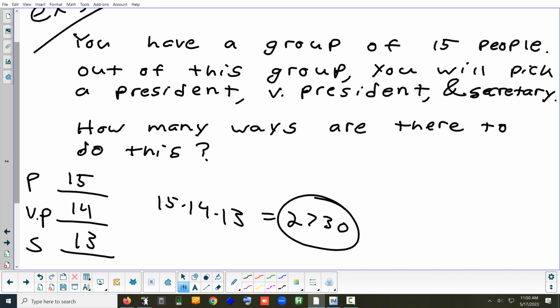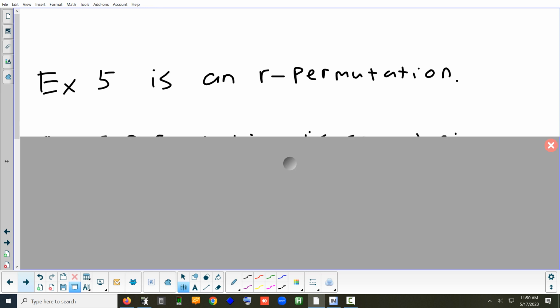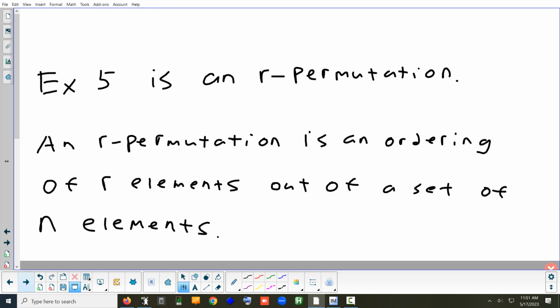So that's a permutation of 15 items chosen 3 at a time. That's still a permutation, not something different. And because we're only choosing 3 of them at a time, this is called an R permutation, where R is the number of things that you're ordering.